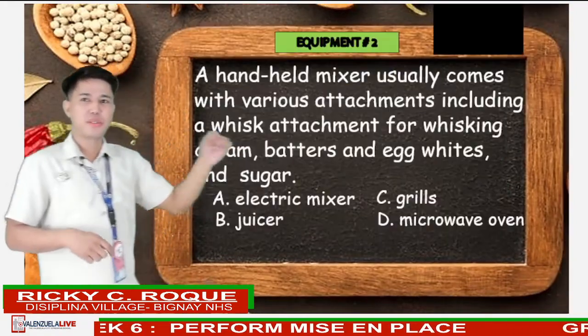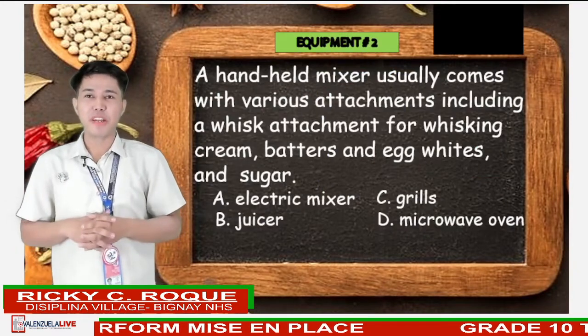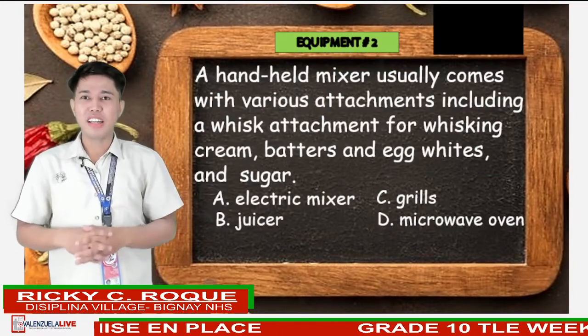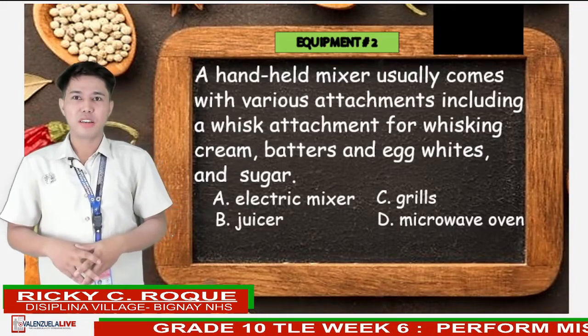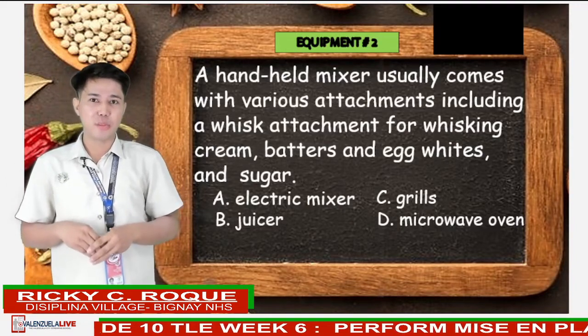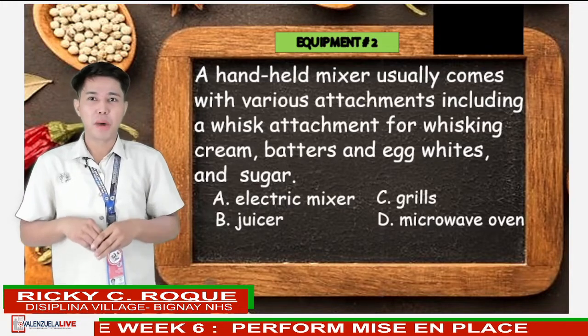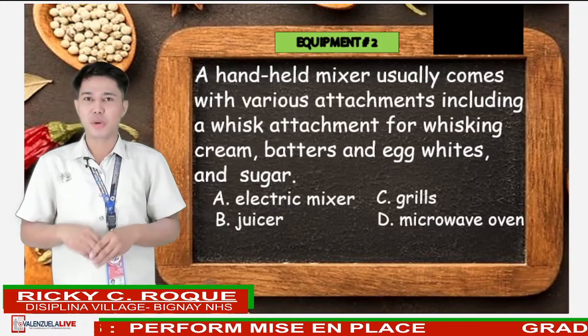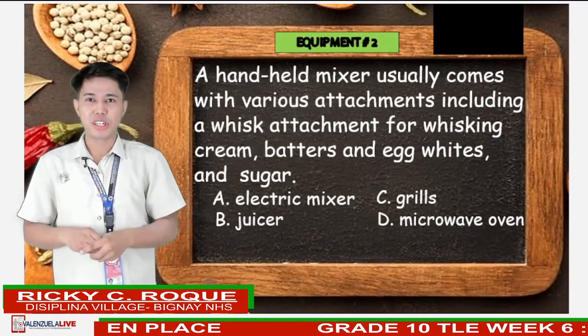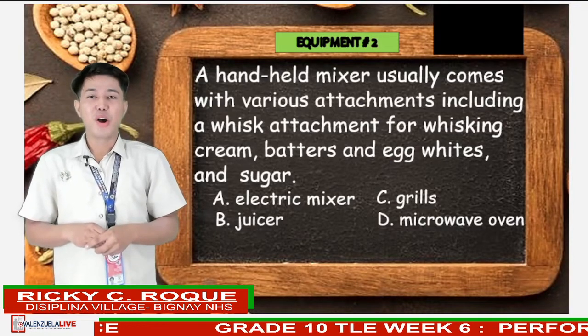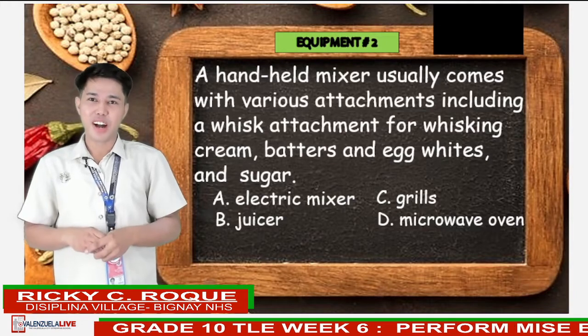Going back, equipment number 2. The question for equipment number 2 is, a handheld mixer usually comes with various attachments, including a whisk attachment for whisking cream, butters, egg whites, and sugar. A. Electric mixer. B. Juicer. C. Grills. Or letter D. Microwave oven.